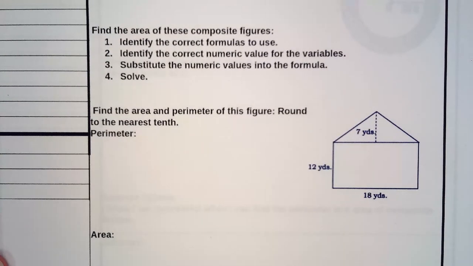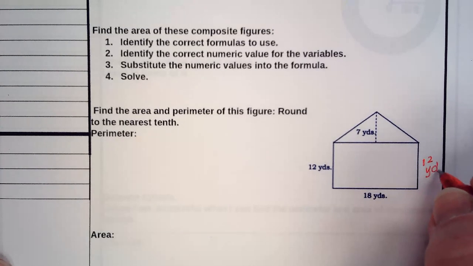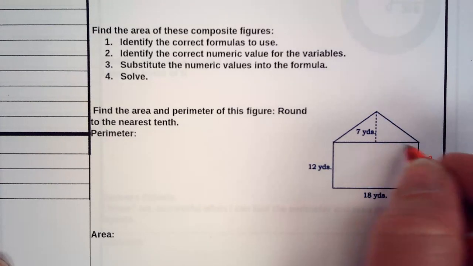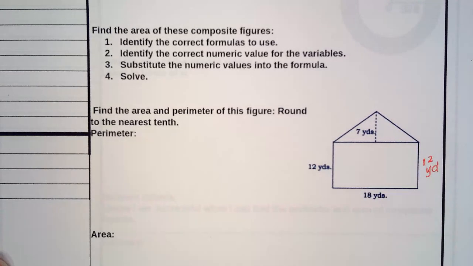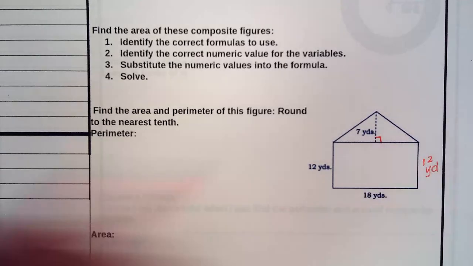For the perimeter, do we have all the edges we need? No. But we do know that if this is 12 yards, this too is 12 yards. We have a triangle, but we do not have the hypotenuse. This would actually be a right triangle.